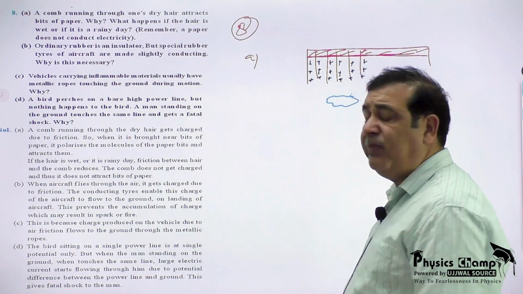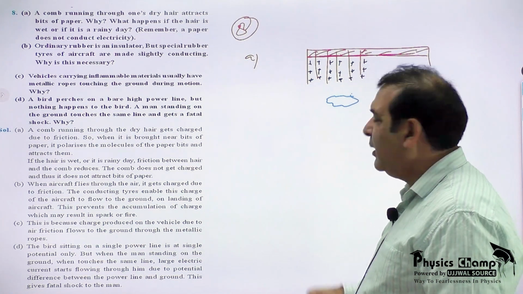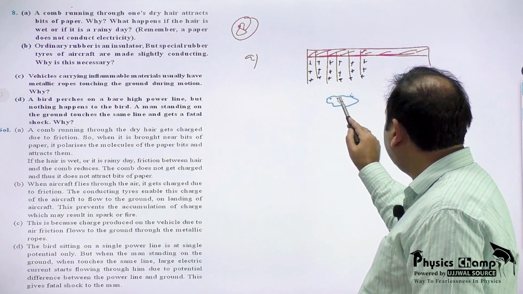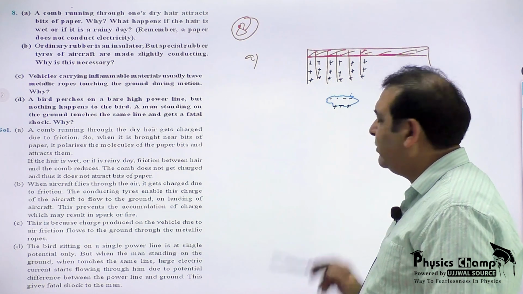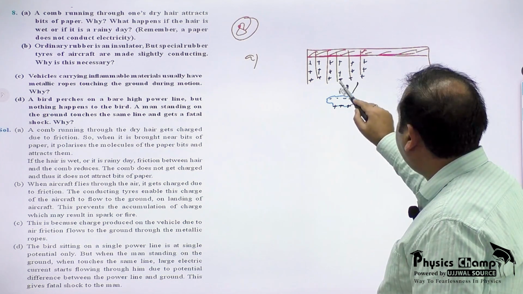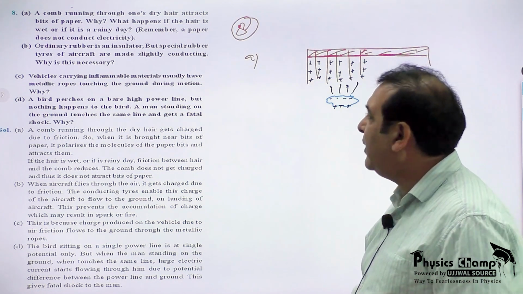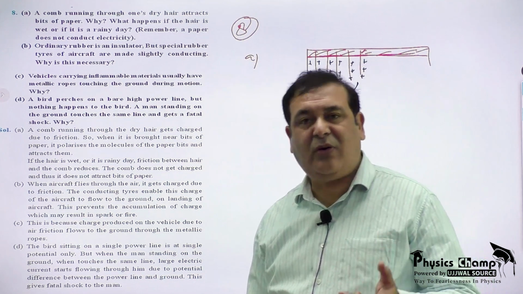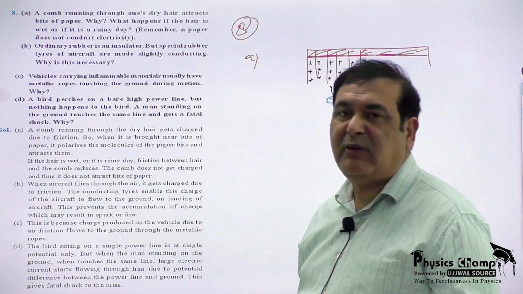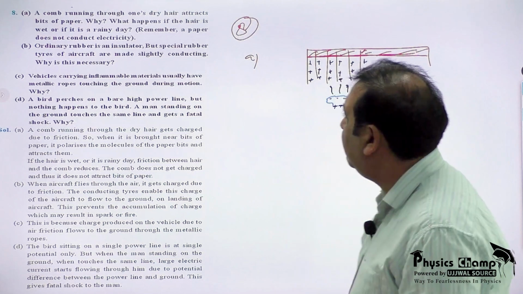And this piece of paper, by induction, the closer side will get negative charge, the farther side will get positive charge. So there will be a net attraction, and that's why it is attracted. So it is induction which is the cause of attraction of this bit of paper towards this comb.